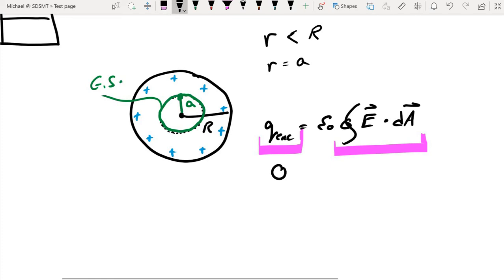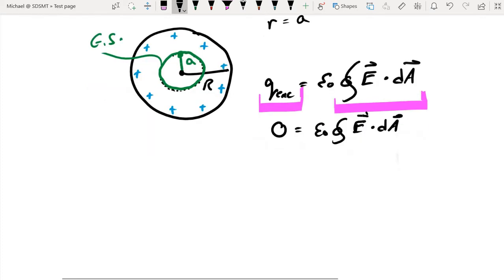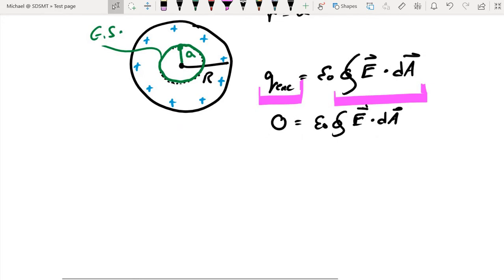We have zero charge inside of our container there. And so what we can do at this point is say, well, epsilon naught is a constant. We could factor that out of both sides, and this means that the net flux that passes through the surface area of our container has to be zero.